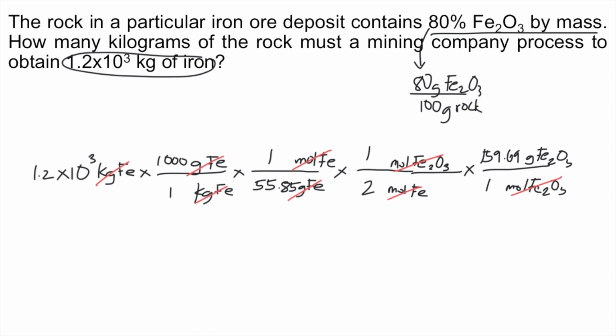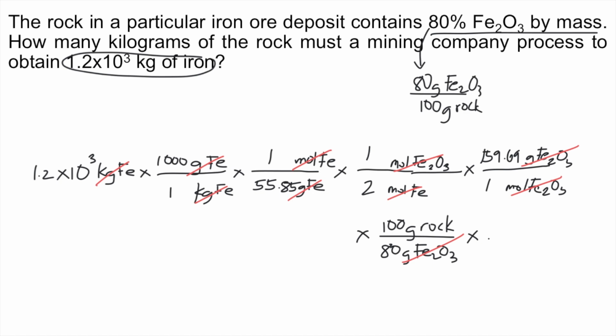You multiply this by... Okay, so for every 100 grams of the rock, it has 80 grams of Fe2O3. So the grams of Fe2O3 would cancel out. Now you have the grams of the rock. But the problem is asking for the kilograms of the rock.